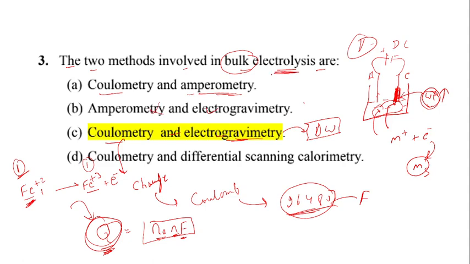What we are doing is electrolysis. Amperometry means you are going to measure current with any change of reaction, so it is different. It is not bulk electrolysis.